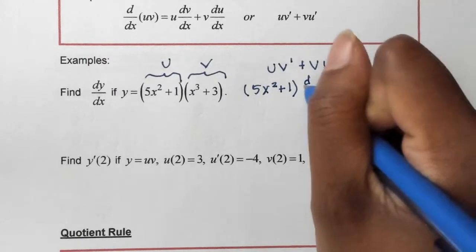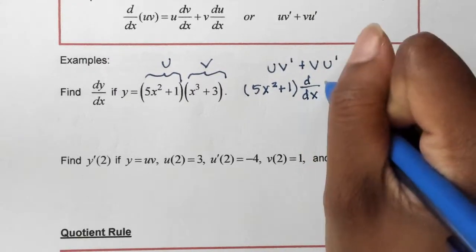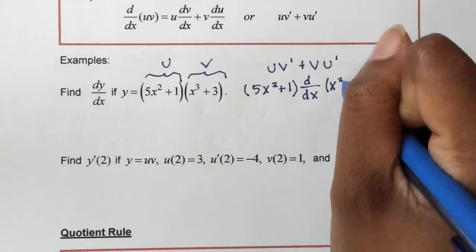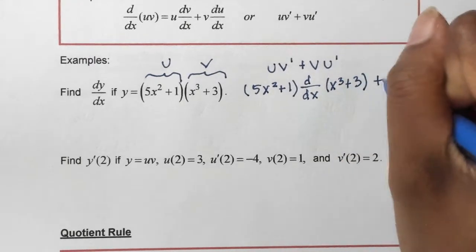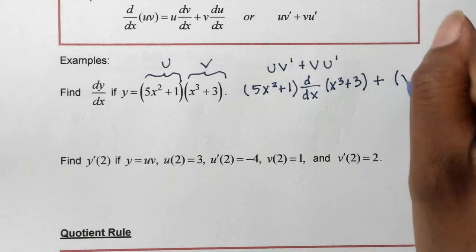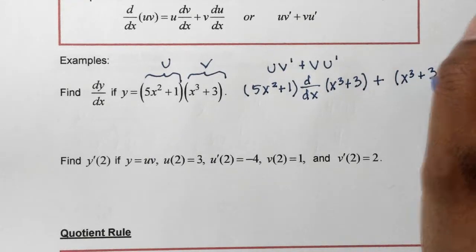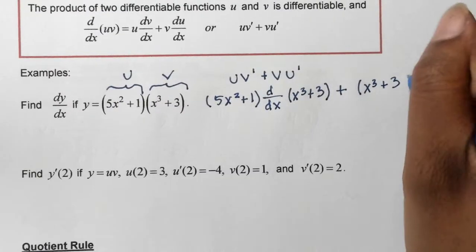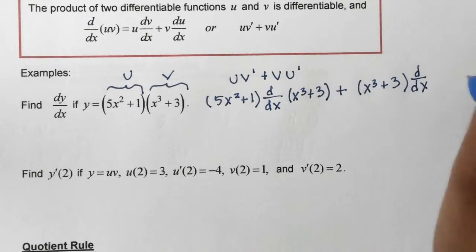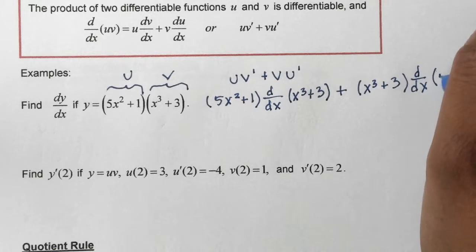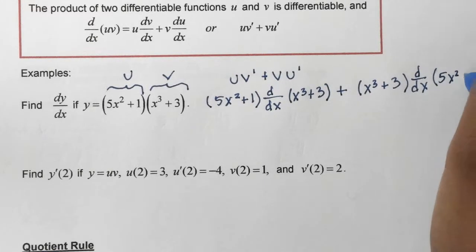And my v prime would be d dx of x cubed plus 3. And we're going to add v, which is x cubed plus 3, and we'll multiply that by the derivative of u, which is 5x squared plus 1.